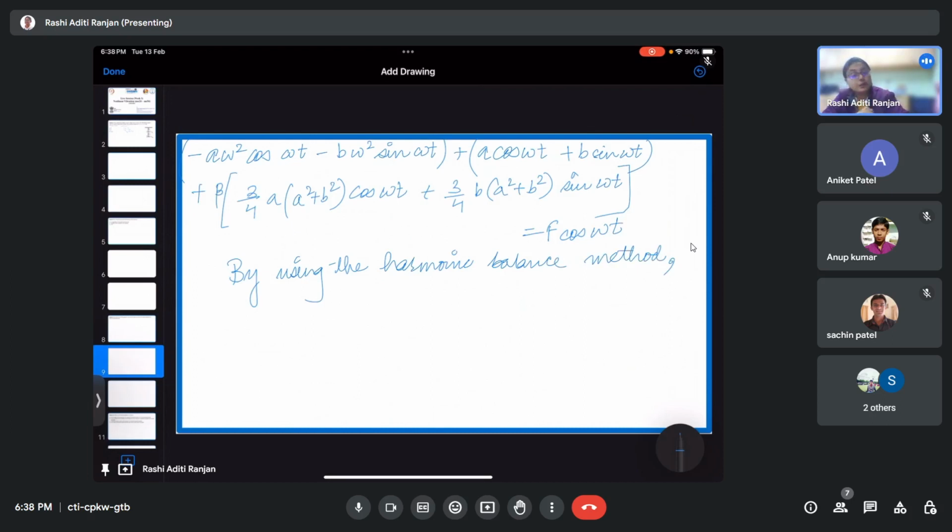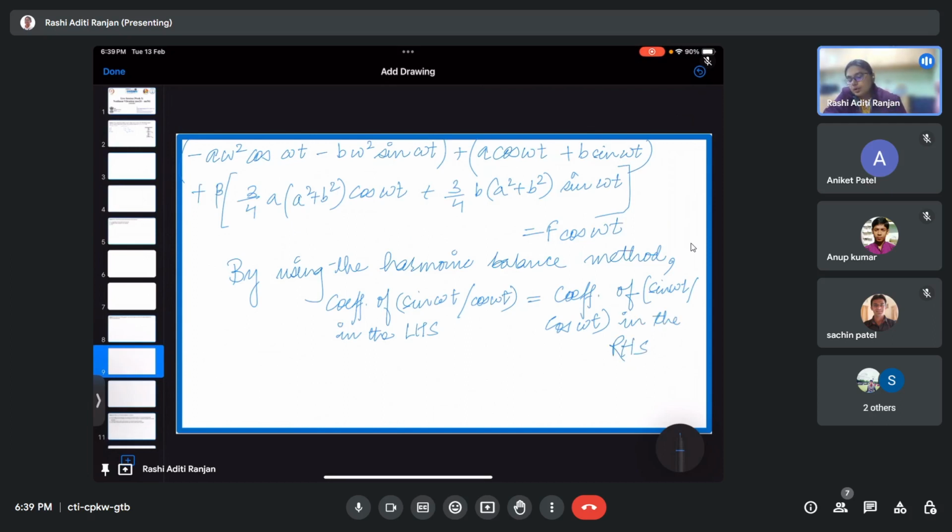We are going to equate the coefficients of sine omega t in the LHS to the coefficient of sine omega t in the RHS, and likewise for cos of omega t.